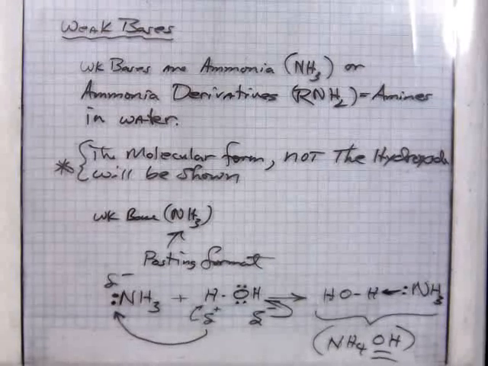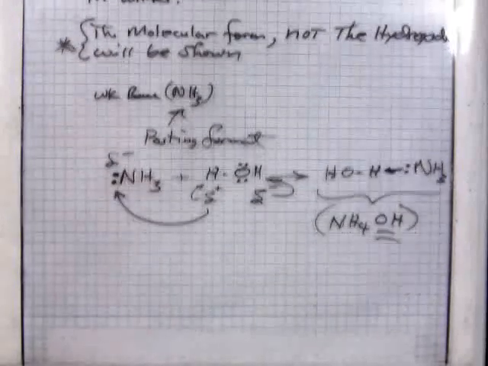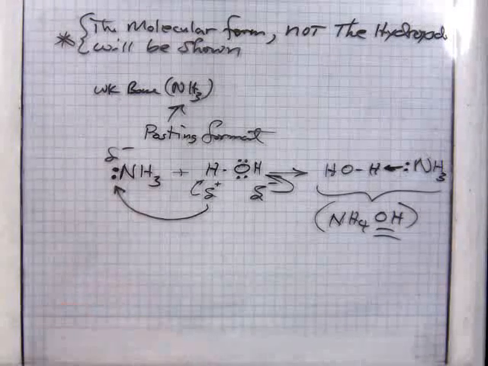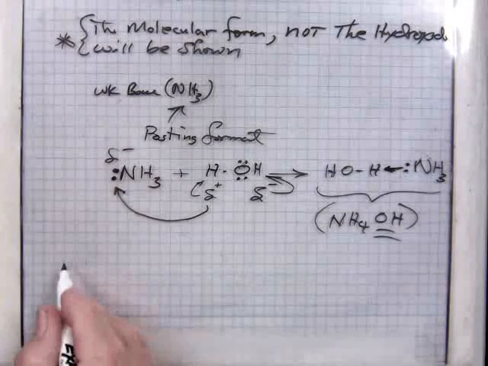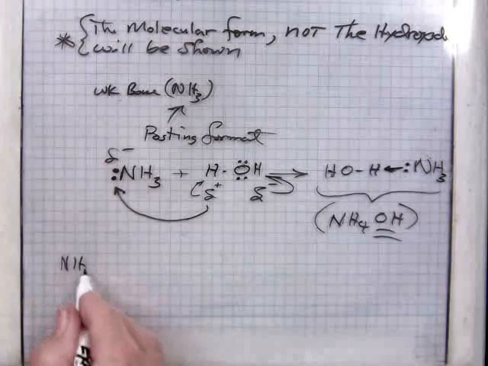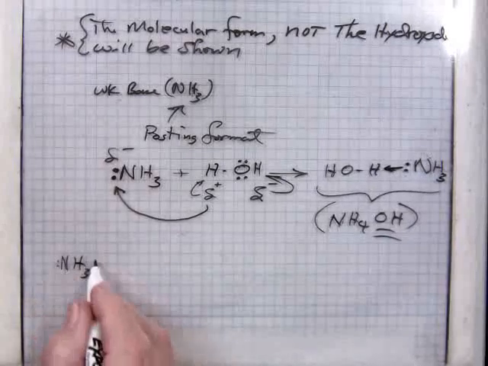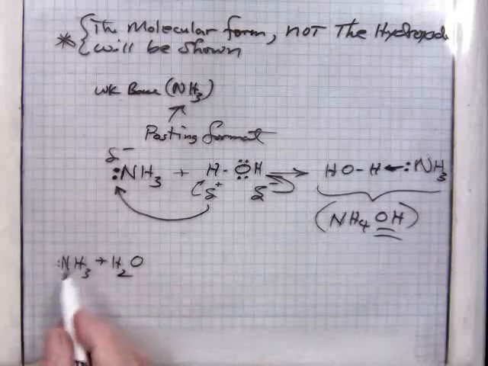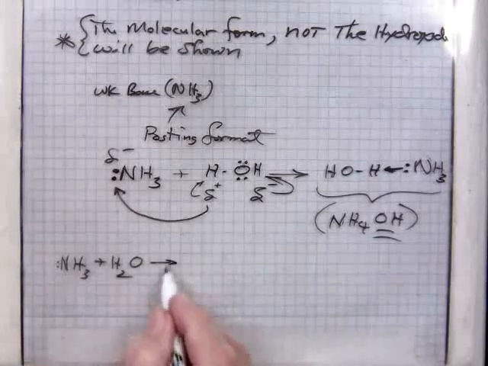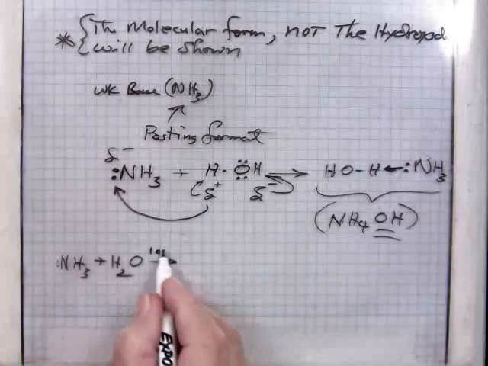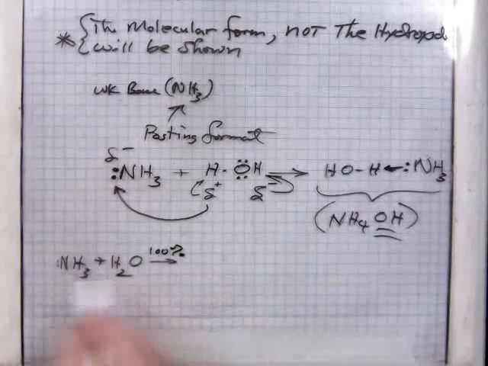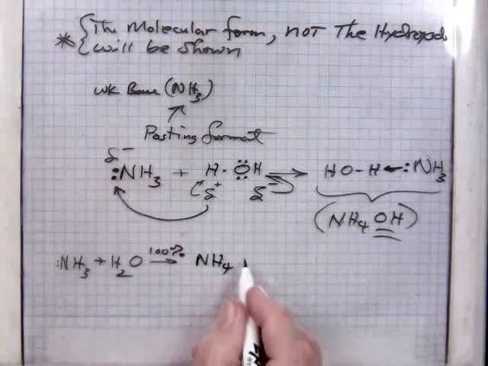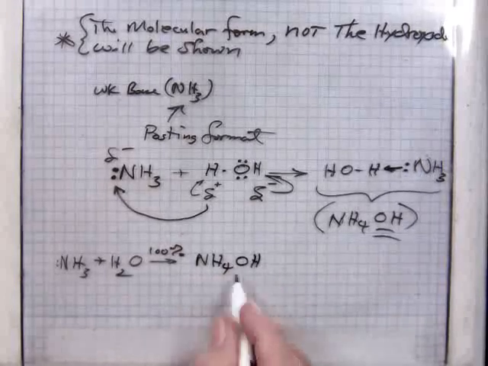Now, to see that in a more direct format, what you have is say NH3 plus H2O, and this could be any of the derivatives also, will always go one way, 100% conversion, and water and the ammonia will go to NH4OH, which is the base.